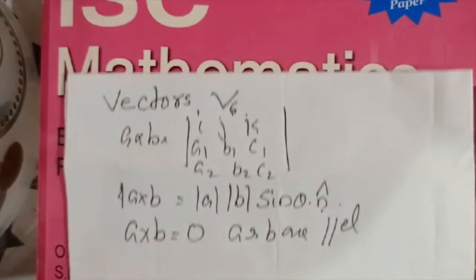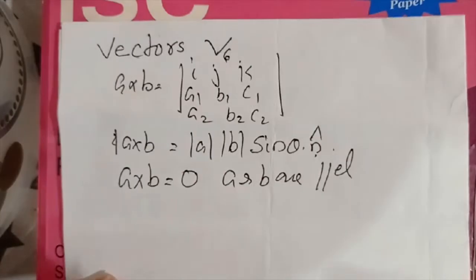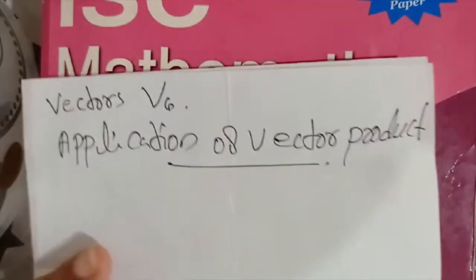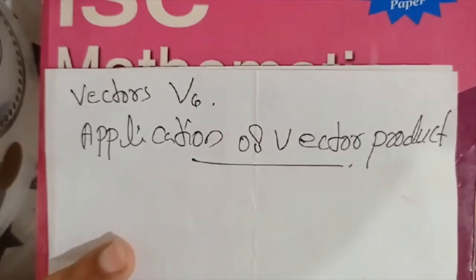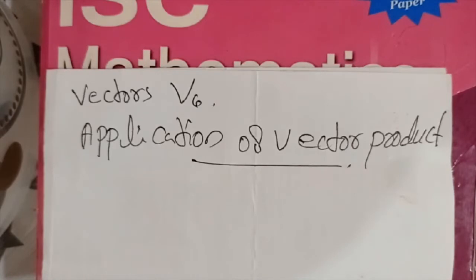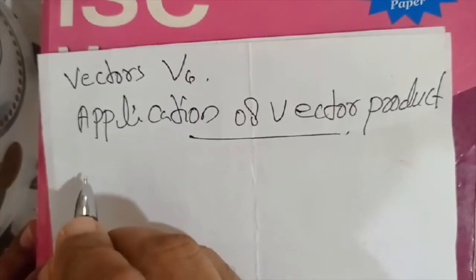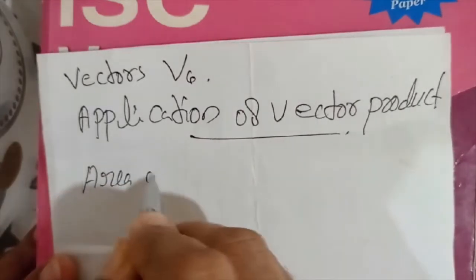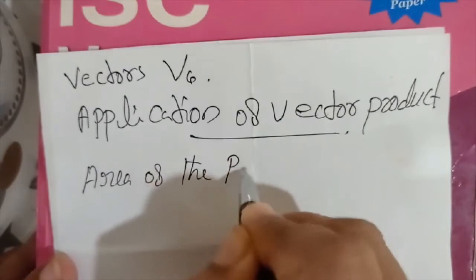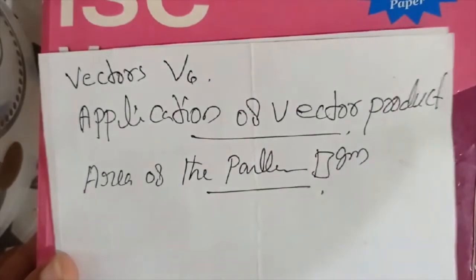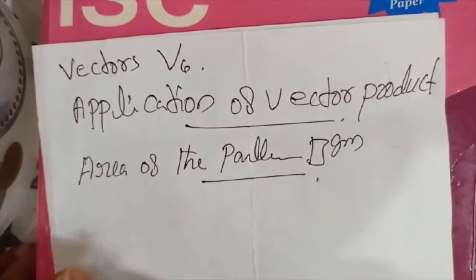Next, write the heading: Application of vector product. The first one: area of the parallelogram.